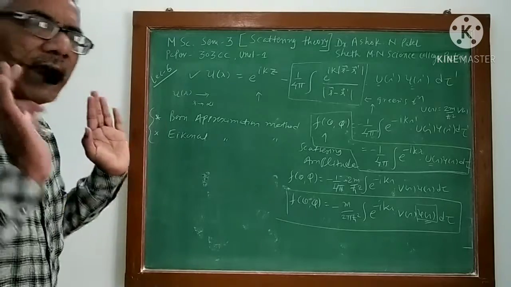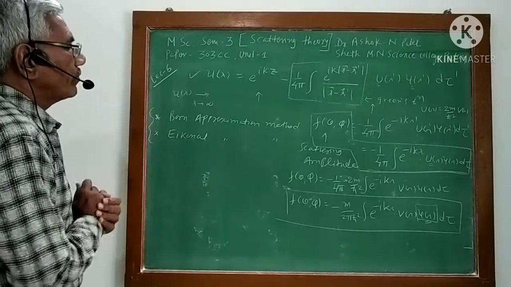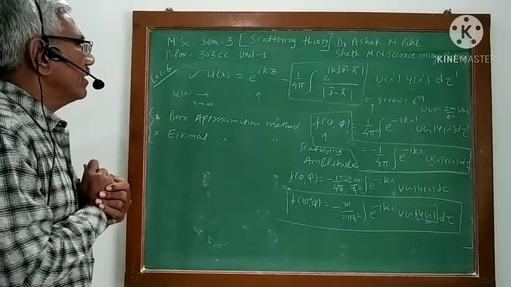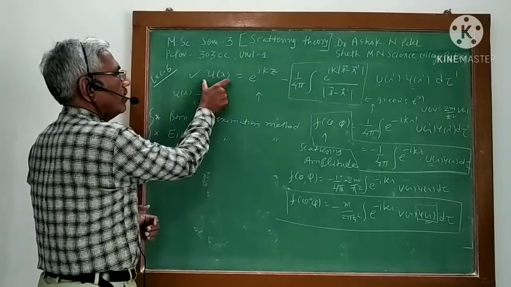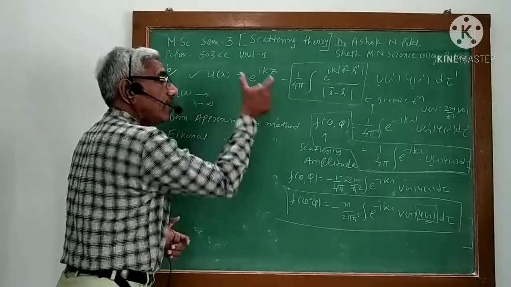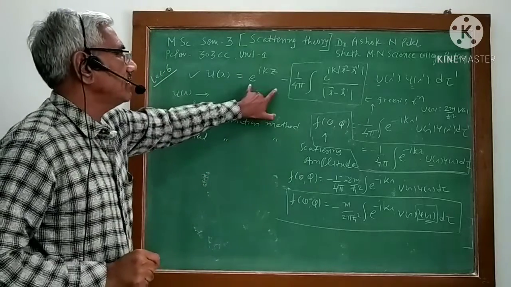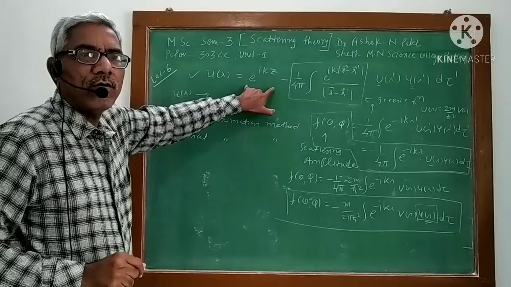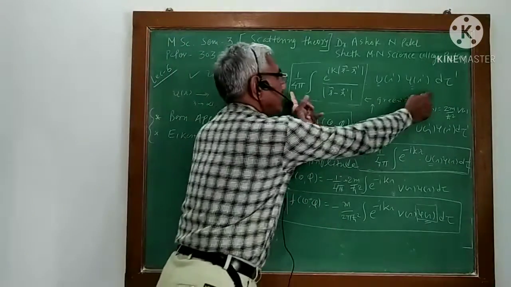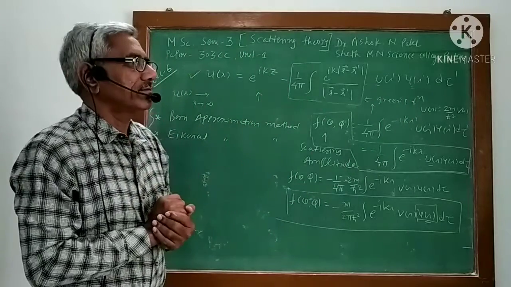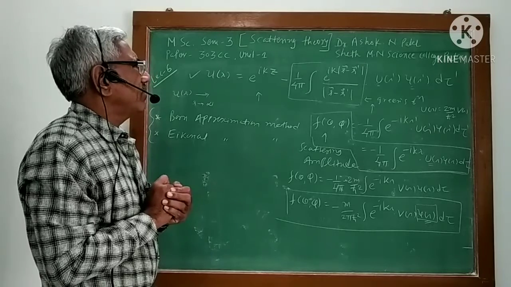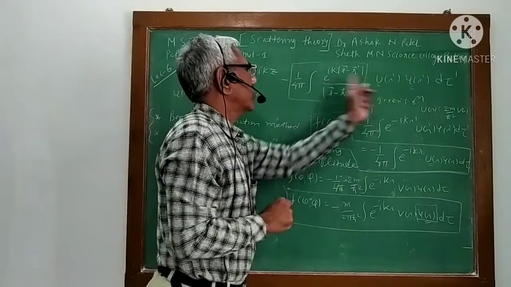Just let me give you some idea. What we will do is assume, for the time being, that this is your wave function: this is the incident part, or incident plane wave part, of the wave function, and this is the scattered part. If I assume that, what is that scattered part?